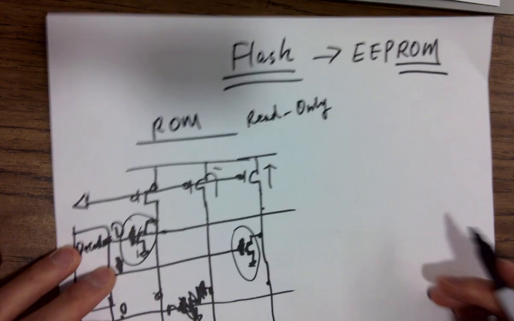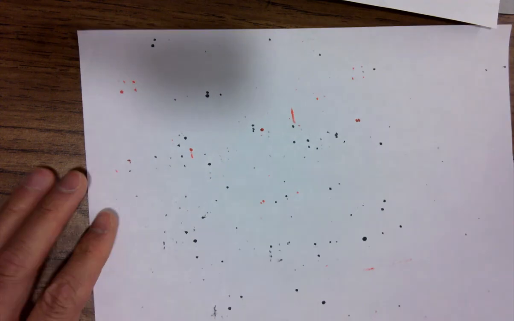So for flash, it's something you can change, and the way to program the flash is using something called a floating gate.